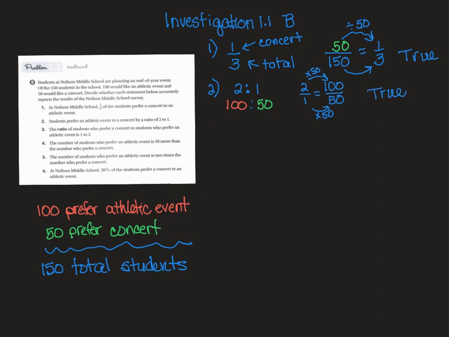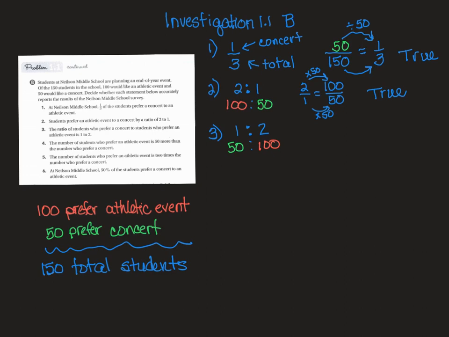Now I'm going to 3. The ratio of students who prefer concerts to the athletic events are 1-2. And so it's 1-2, okay? And 1 is concerts. So concerts is 50, and athletic events is 100. And this is obviously true also.